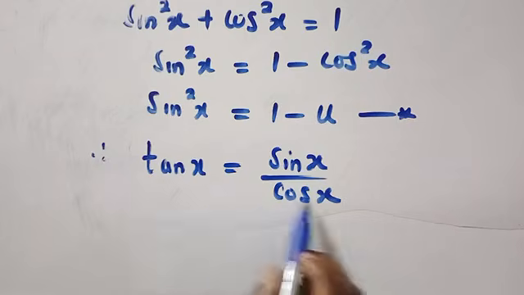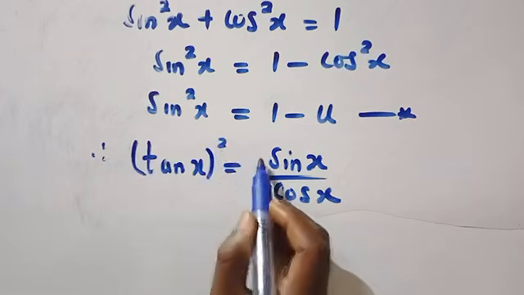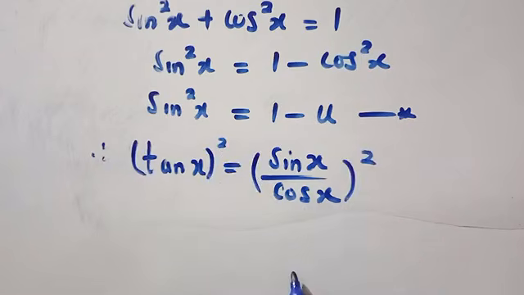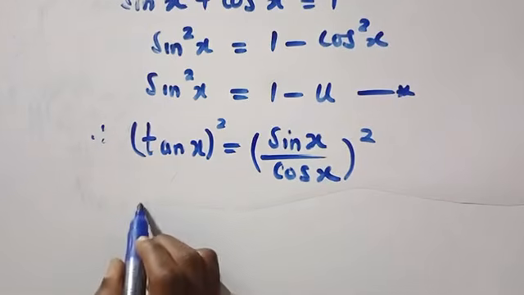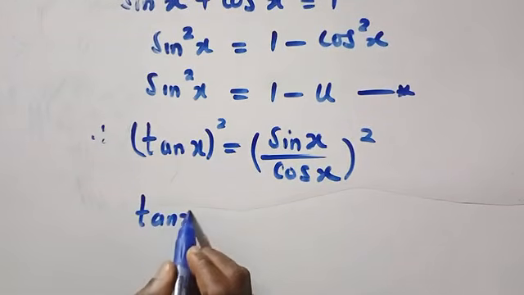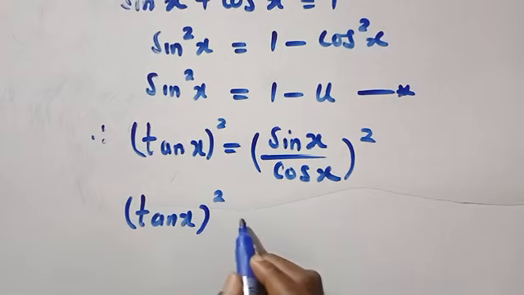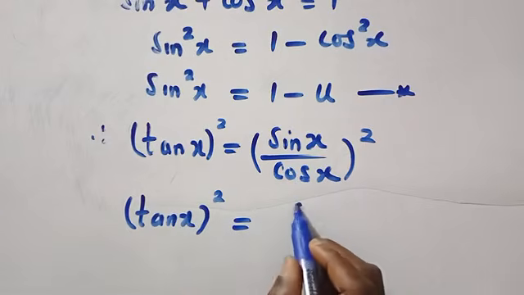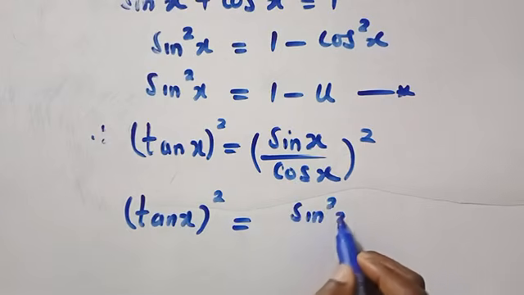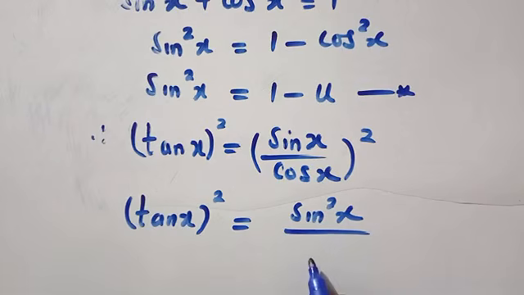Suppose I raise both sides to the power of 2, we have tan squared x equals sine squared x divided by cos squared x.